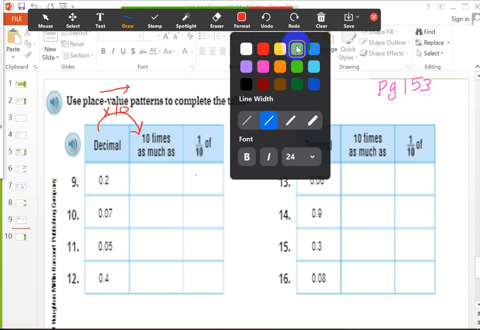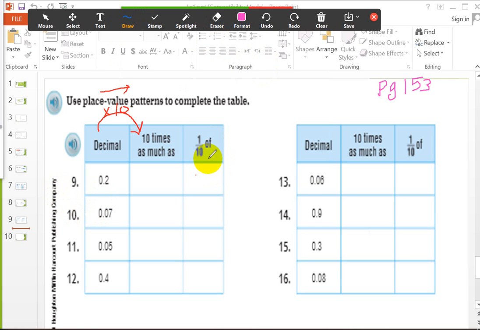And when I want to find the number that is 1/10 of this number, you have to divide by 10, and when you divide a decimal number by 10, you have to move the point to the left 1 digit.